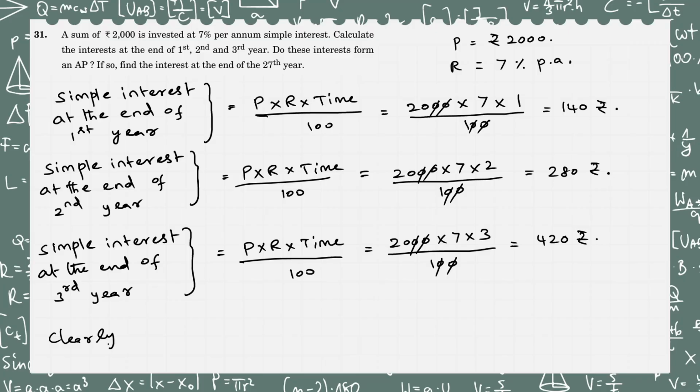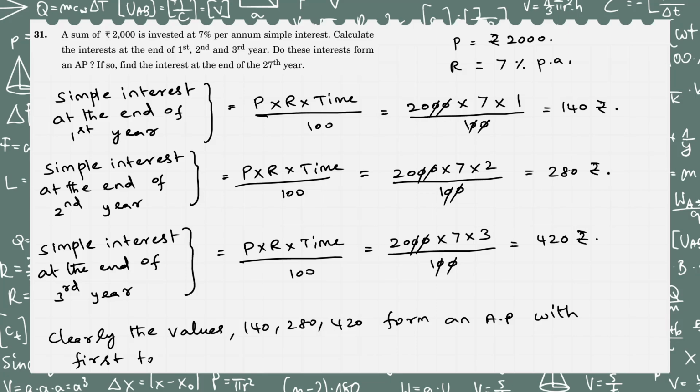Clearly, the values 140, 280, 420 form an AP with the first term 140 and common difference is also 140.